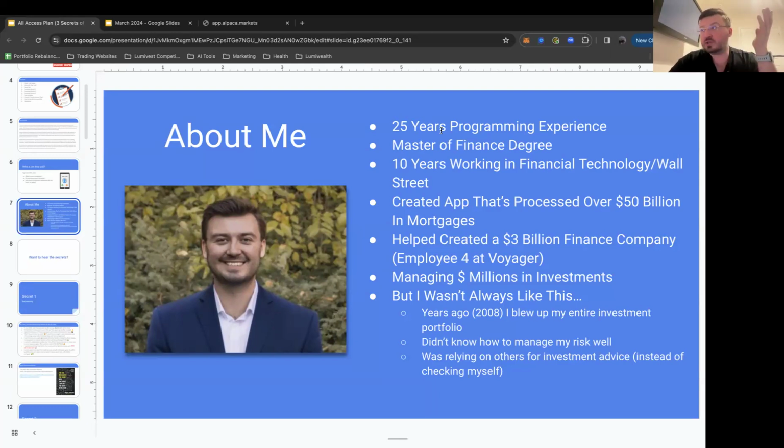Next thing you know, a couple years later, from being basically just like a WeWork and drawings on the wall, the company grew quite large. We became a $3 billion company at one point in time, before FTX collapsed and took us with them. But at one point in time, we went up to being a $3 billion company, which is really cool, to say that we started something like that. Luckily, I sold a lot of my stock options before the collapse, but that was still a very fun experience.